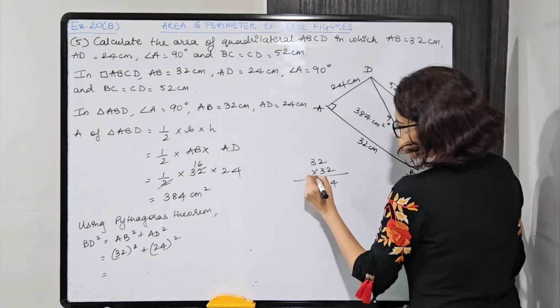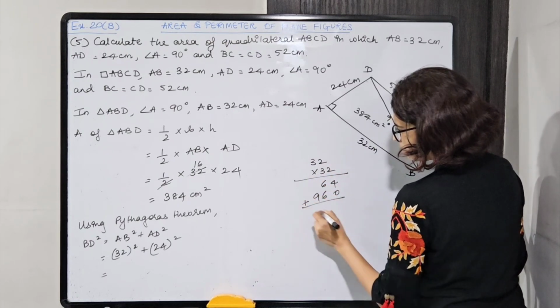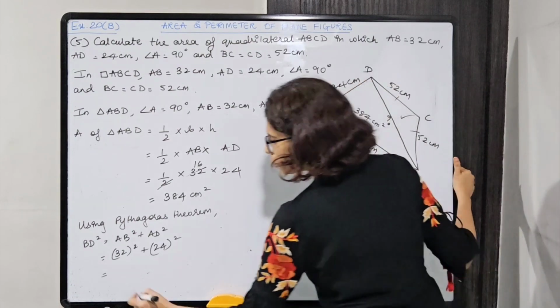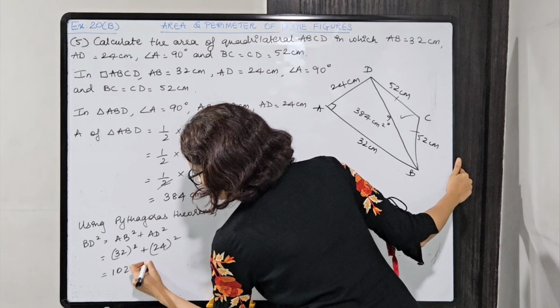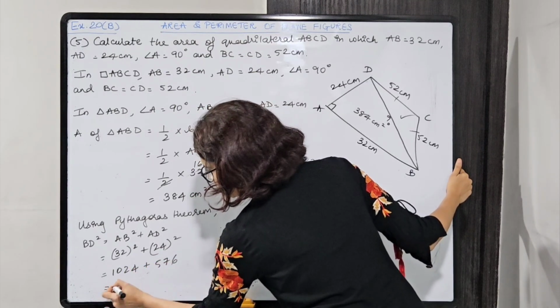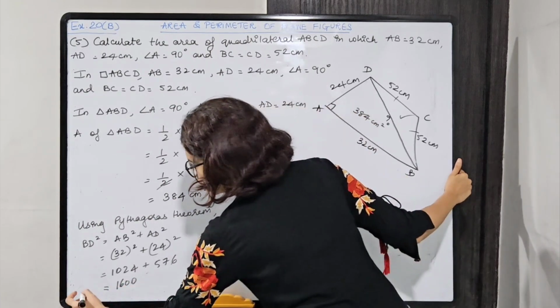2 2s are 4, 2 3s are 6, 3 2s are 6, 3 3s are 9. Okay, 1024 and ये है 576. So that will give 1600, correct?